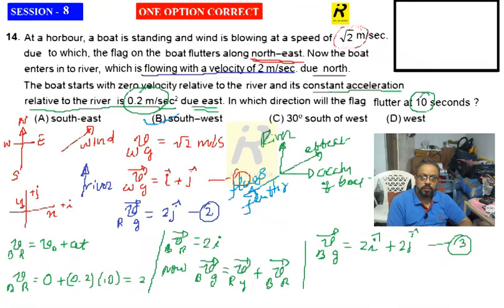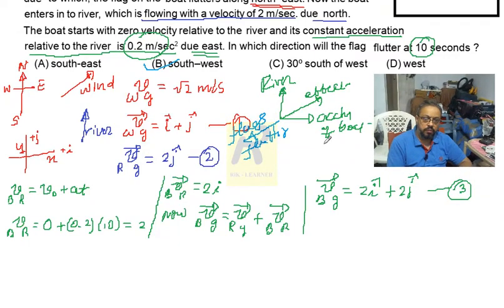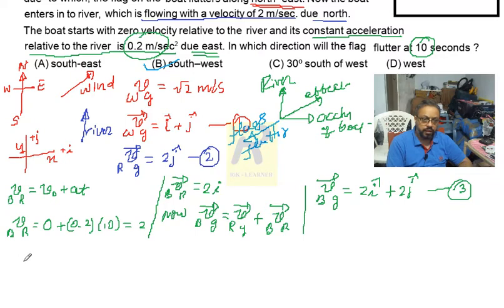If I want to know the effective velocity of the wind, in what direction the flag flutters after 10 seconds, this was the question. For that I find the velocity of the wind with respect to ground.